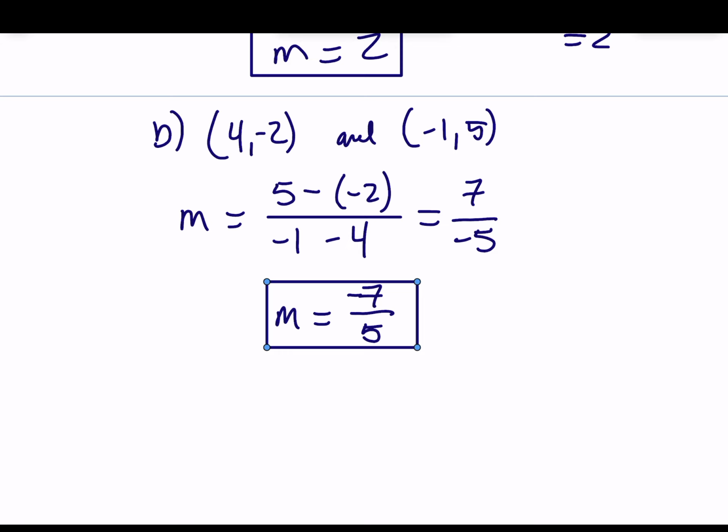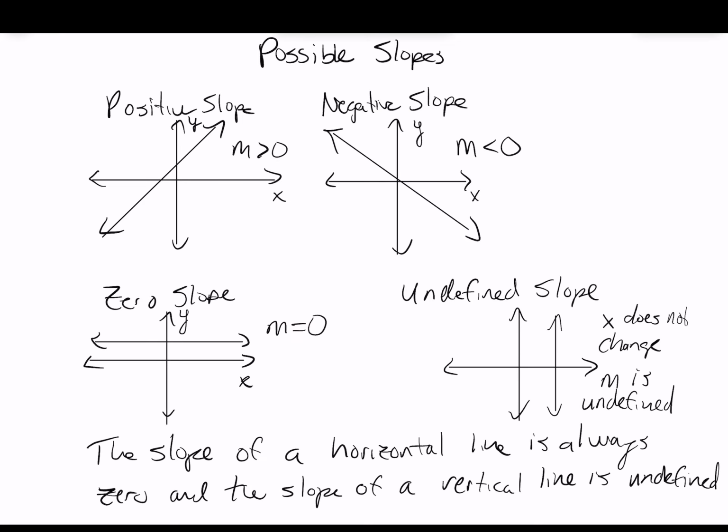Let's now talk about what the possibilities of slopes are for various graphs. So we have 4 different possibilities for values of the slope. We can have the slope be greater than 0, less than 0, equal to 0, or undefined. So if we have a positive slope, that means m is greater than 0, our line will rise from left to right.